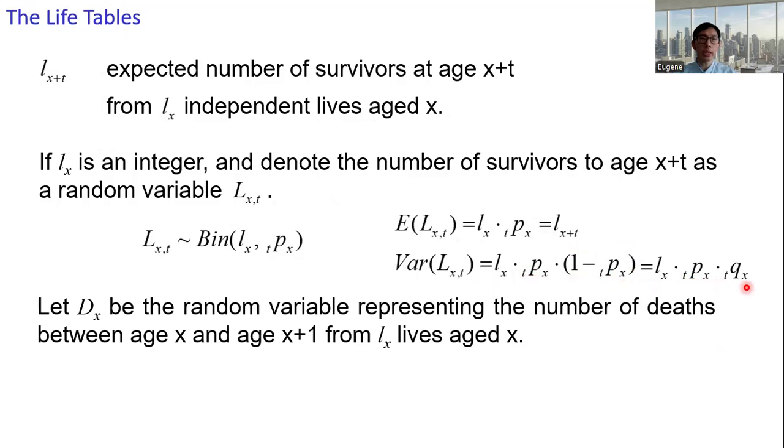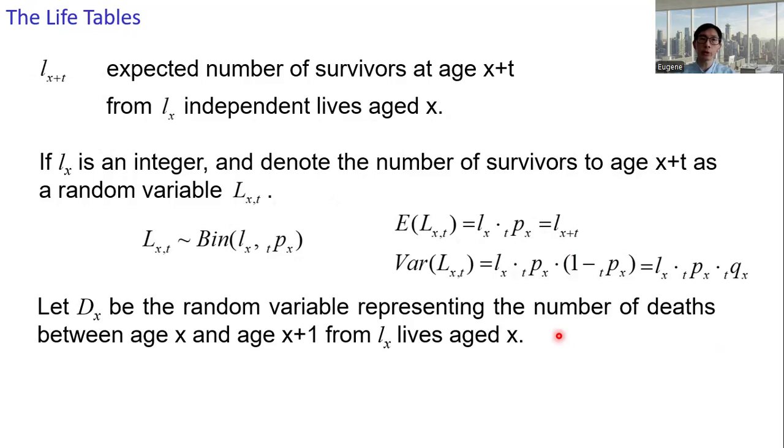We can also express any quantities like dx. Let Dx be the random variable representing the number of deaths between age x and x plus 1 from Lx independent lives currently at age x.